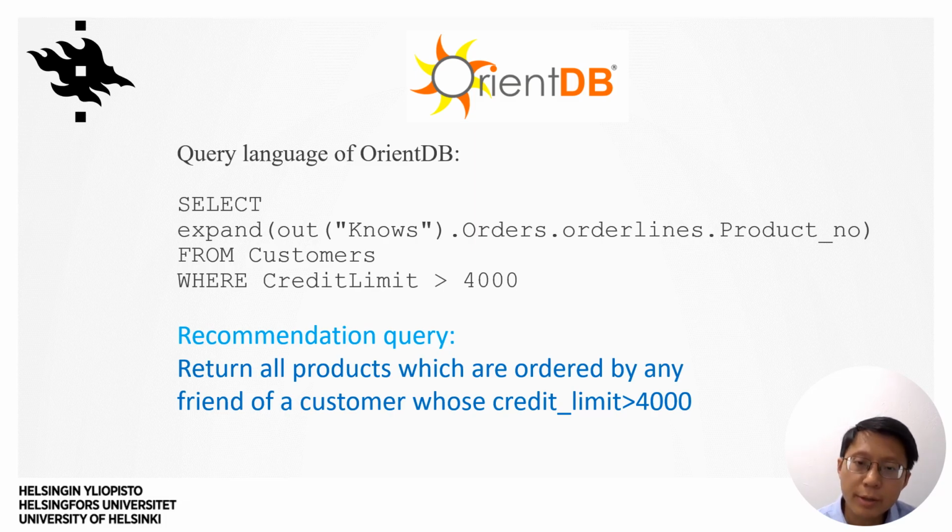This shows the graph information, order line, and product number. This is the traverse of the JSON document. From is the customer table, and this specifies the condition of the credit limit. So based on OpenDB, we can use this query to answer the previous recommendation query.